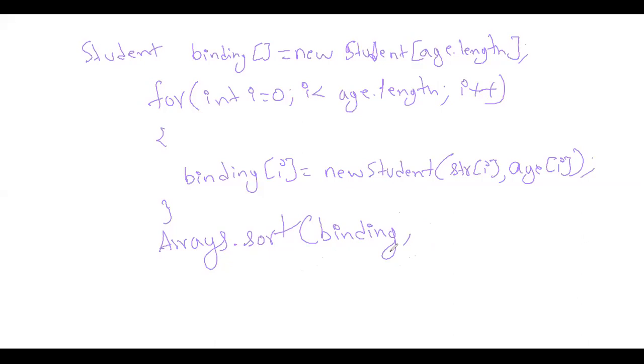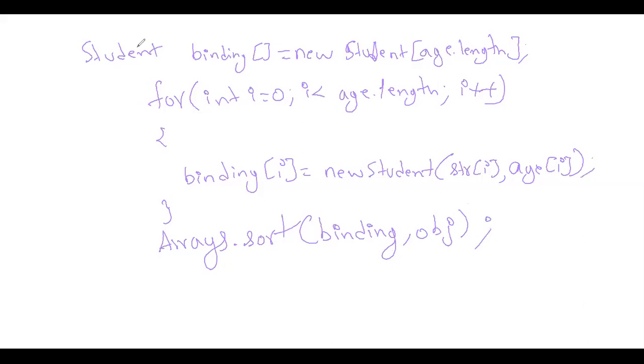Should you sort based on name or based on age? This information I have to give. Now, if I'm giving information, don't you think it has to be in the form of an object? Because Java is an object-oriented programming language, so everything is in the form of an object here in Java. So I have to pass an object here.